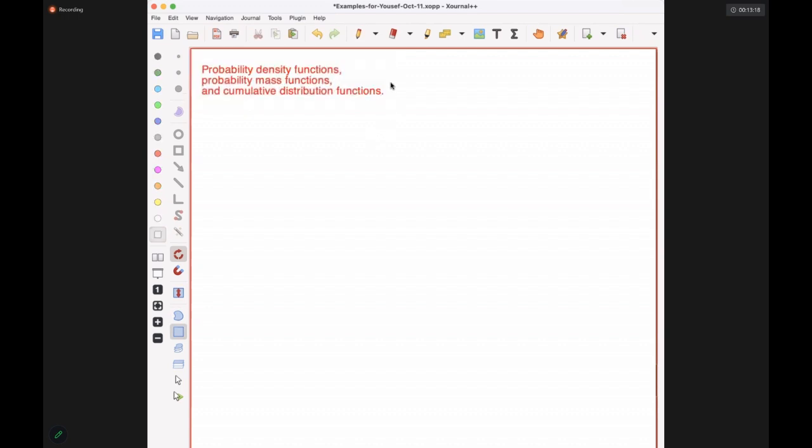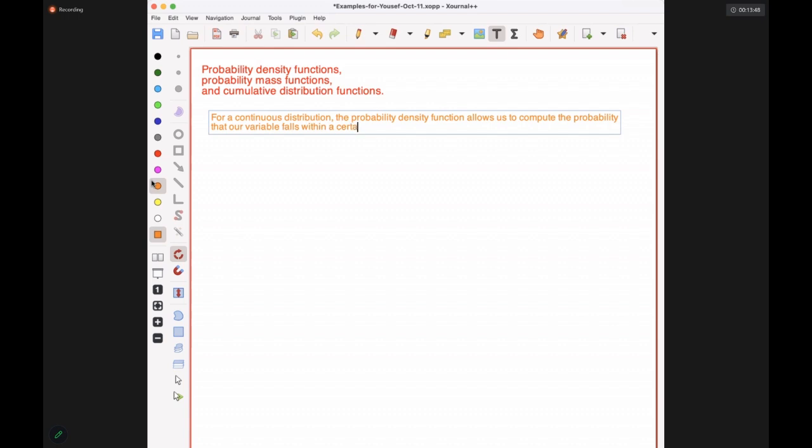So we'll say here that for a continuous distribution, the density, the probability density function allows us to compute the probability that our variable falls within a certain region by integrating the density.